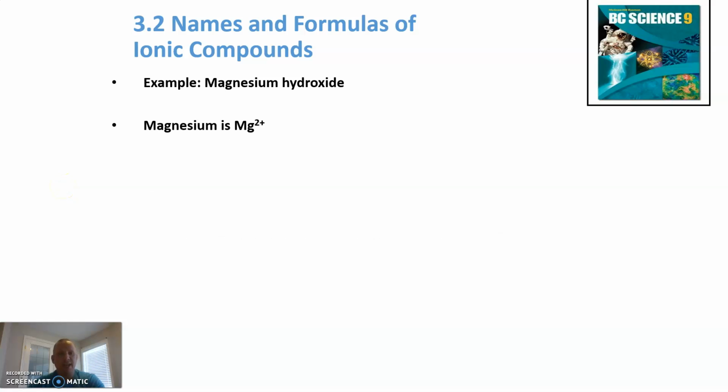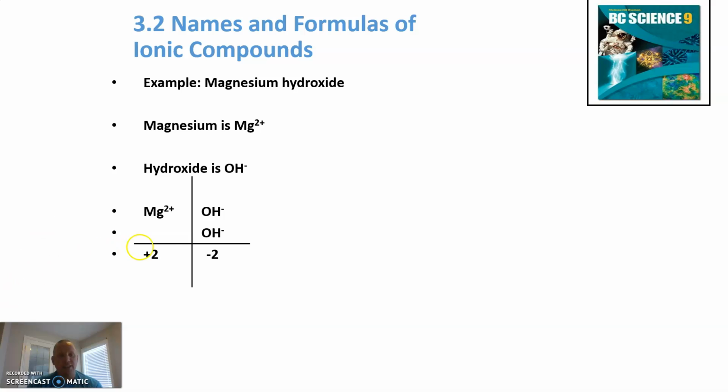Magnesium hydroxide, we write out the ion charges. Magnesium has a charge of +2. Hydroxide has a charge of -1. So that means we need 2 hydroxides to balance with 1 magnesium. Now, when we write the formula, we know there's 2 hydroxides.